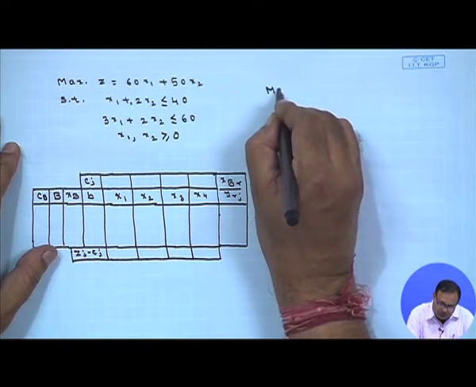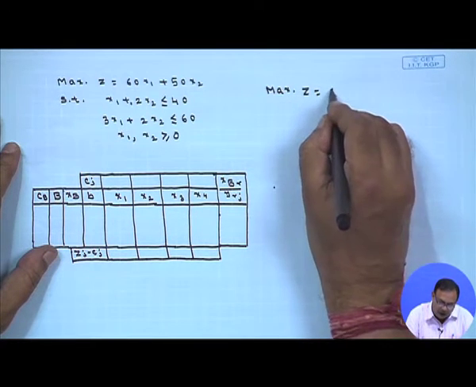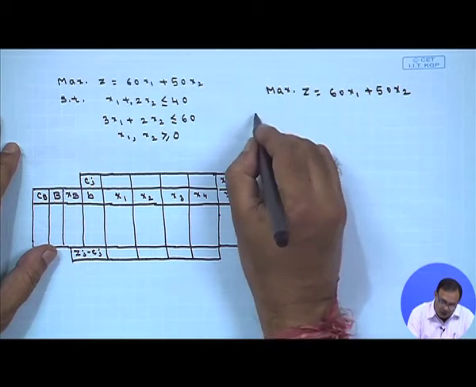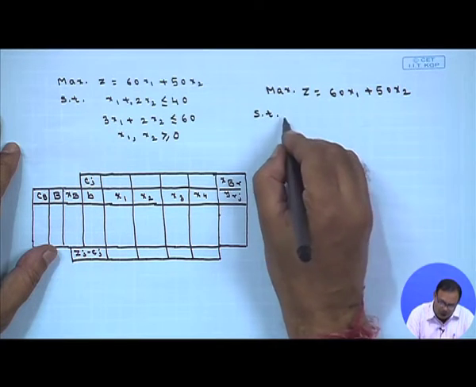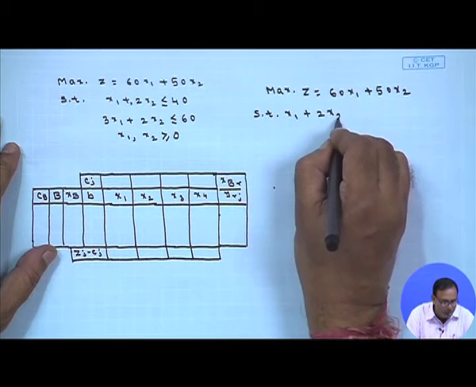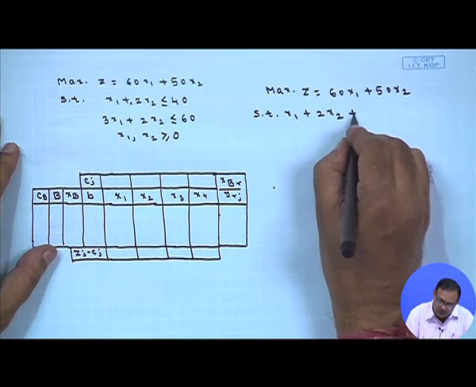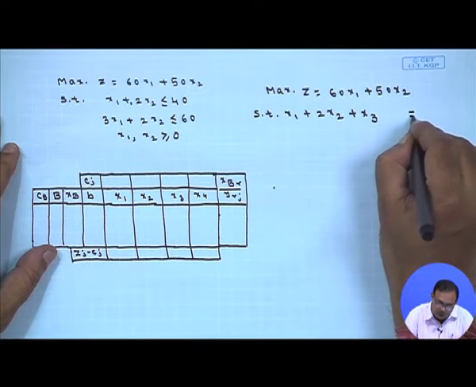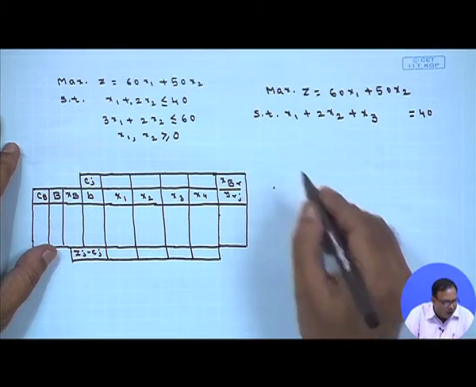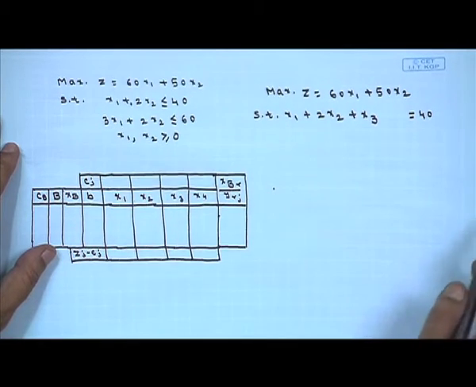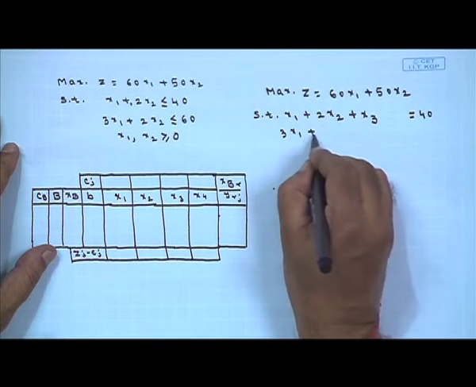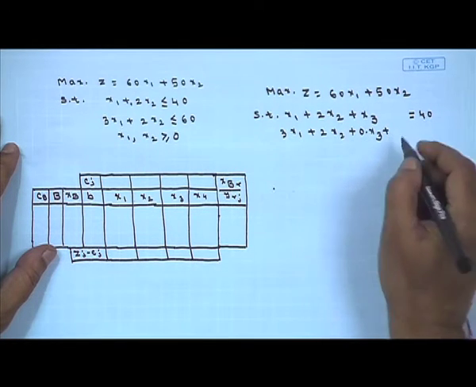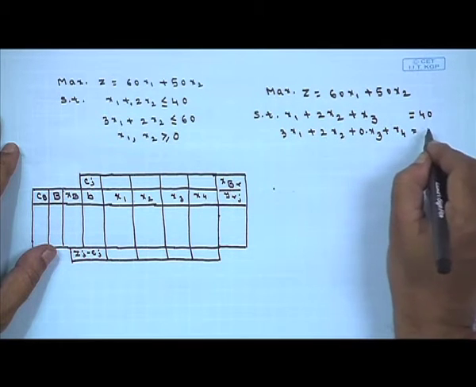So your problem in standard form I can write as maximize z equals 60 x1 plus 50 x2, subject to x1 plus 2 x2 plus x3, because this is your slack variable, equals 40. The second one will be 3 x1 plus 2 x2 plus 0 into x3 plus x4 equals 60.